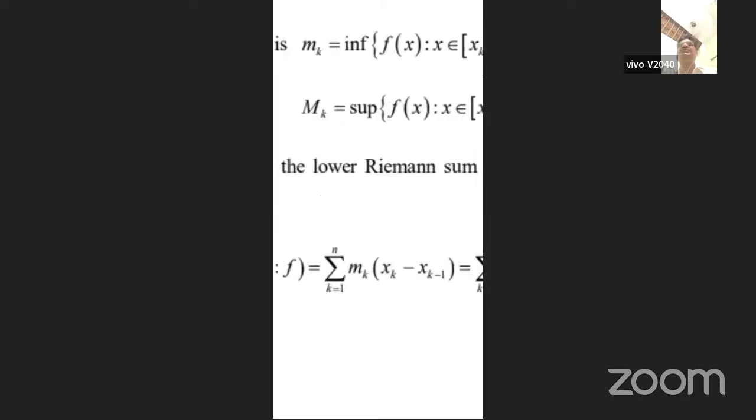The sum over all the subintervals of the infimum times the length of the subinterval is called the lower partition of f: summation mk times xk minus xk minus 1.